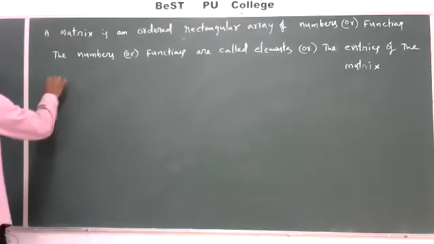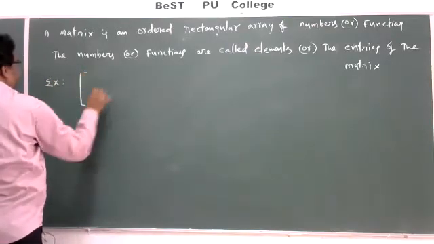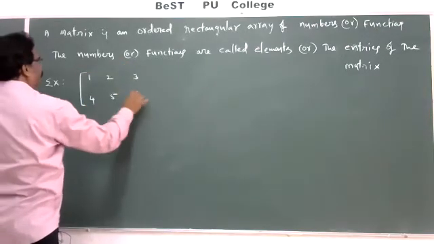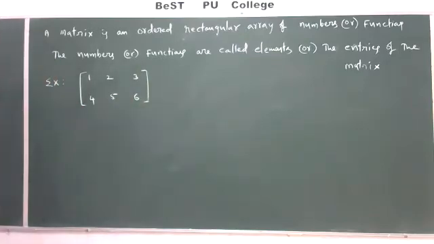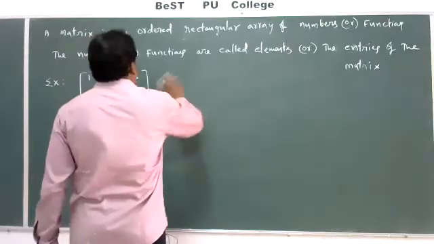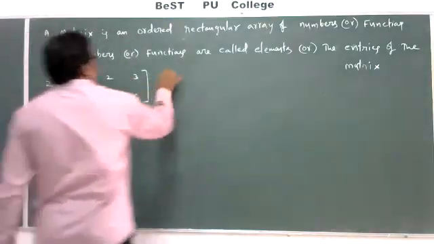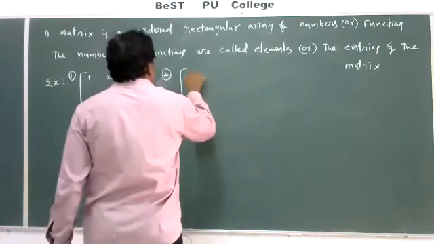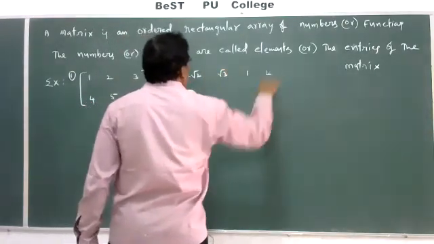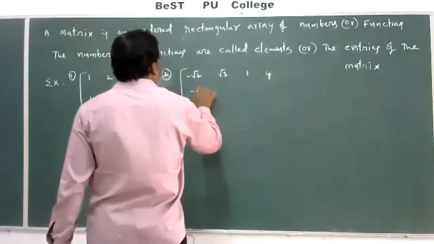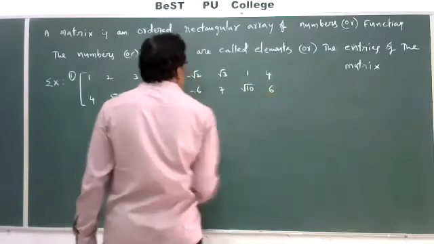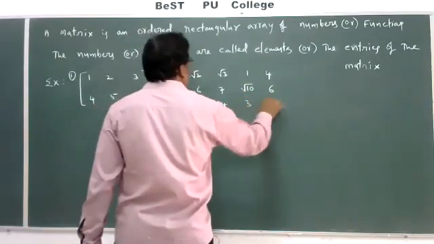Example: 1, 2, 3, 4, 5, 6, that is the first example. Second, minus root 2, root 3, 1, 4, minus 6, 7, root 10, 6, 1, 4, 3, 7.